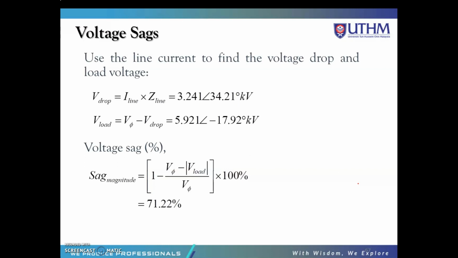The voltage drop is I line times Z line, equivalent to 3.241 at an angle of 34.21 degrees kilovolts. Then the V load is V phase minus V drop, which gives 5.921 at an angle of negative 17.92 degrees kilovolts.